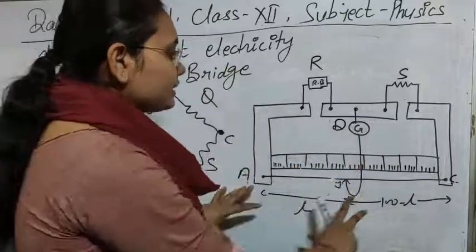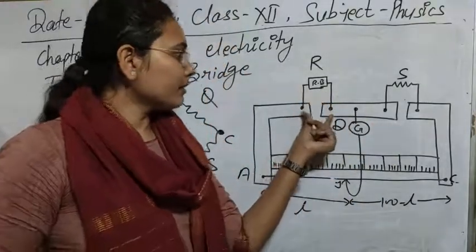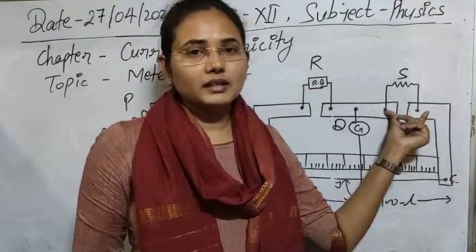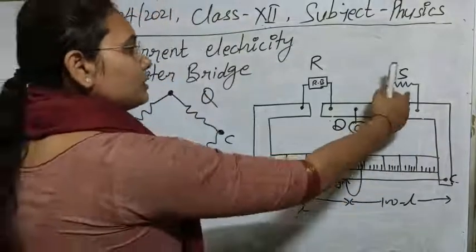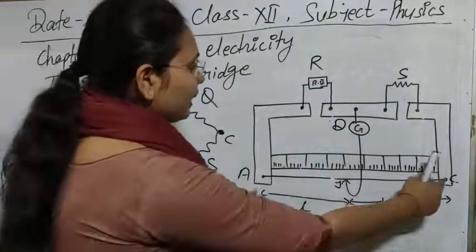First of all, let's see its working. Here the resistance box R is connected in the left gap, and S is connected in the right gap. This is the unknown resistance that we have to find in the meter bridge, and here a wire is connected.